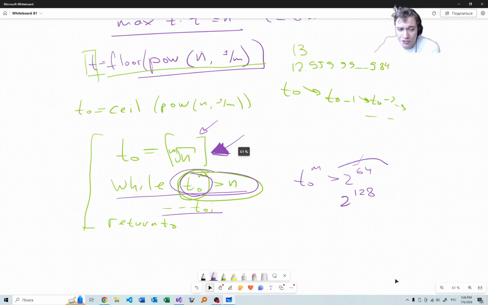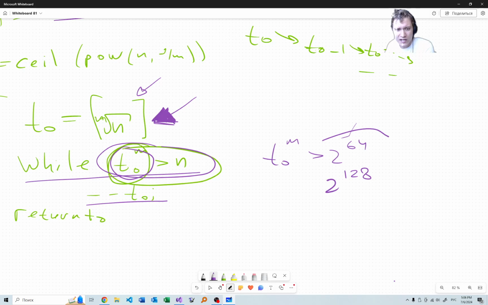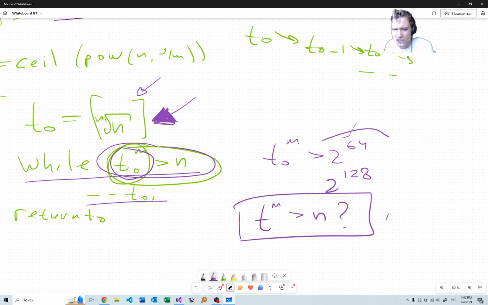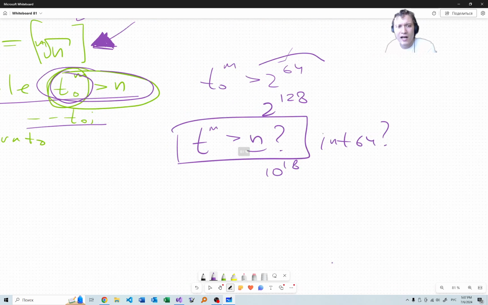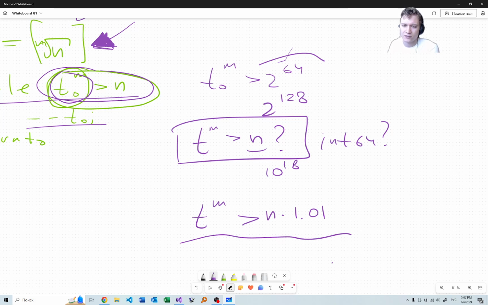I used another approach. So I need to check that t to the power m is greater than n, where all these numbers are int64s. And this is actually something like this. So first of all, I approximately check this condition. So I just do it in doubles.